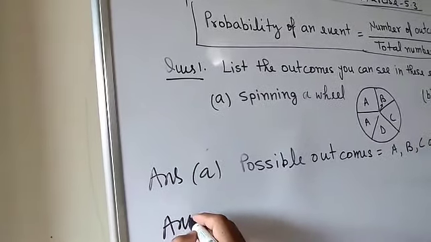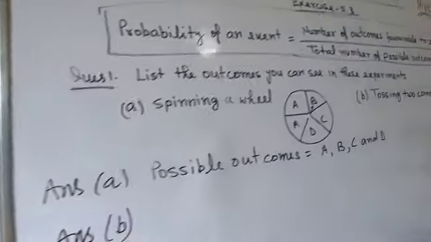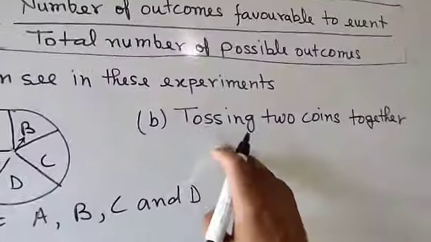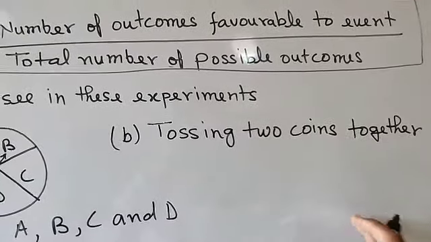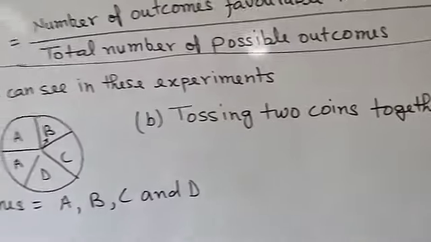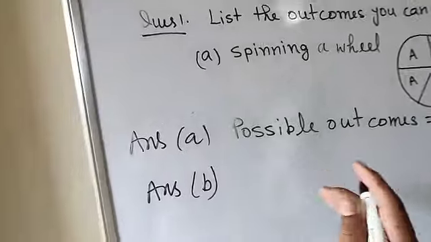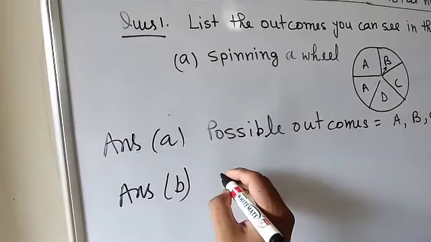Now the answer of B. Tossing 2 coins. If you toss 2 coins, what will be the total number of possible outcomes? Here a total of 4 possible outcomes will be there.